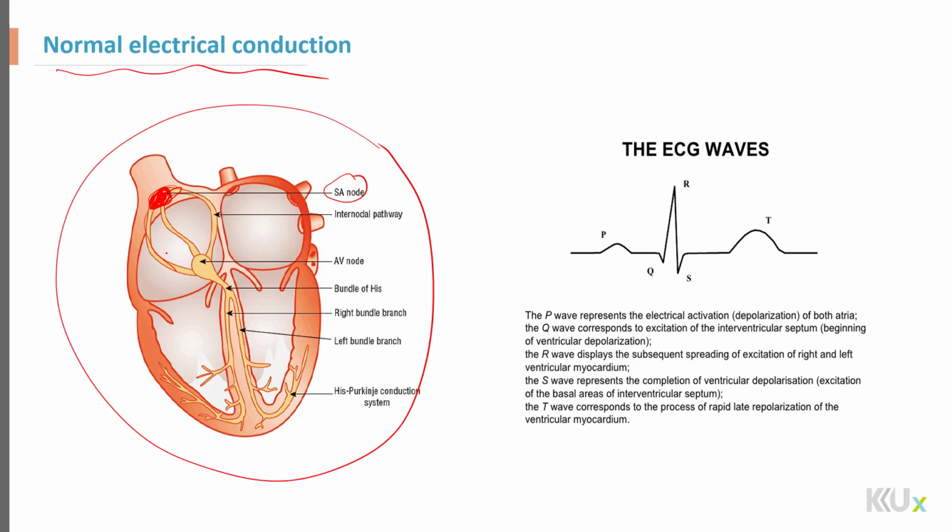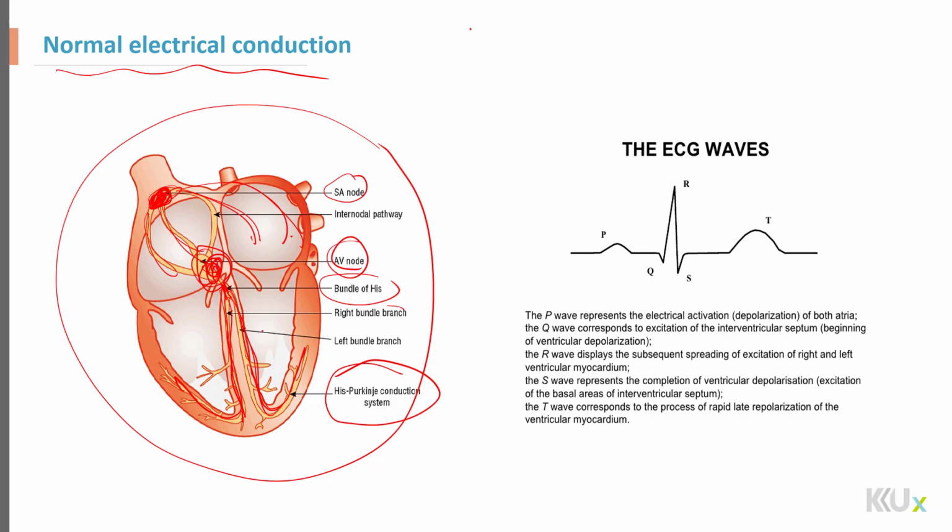Then the electrical activity moves through the atria of the heart and is collected at the AV node, which is the atrioventricular node, and then the electrical conduction is conducted to both ventricles through the bundle of His, and then the right bundle branch and the left bundle branch until it reaches the lateral walls of the heart through the His-Purkinje conduction system. So this is the normal flow of electricity inside the heart.